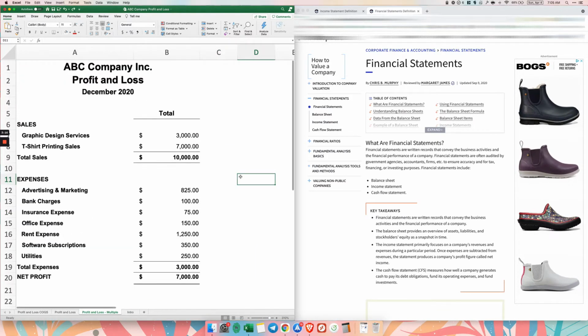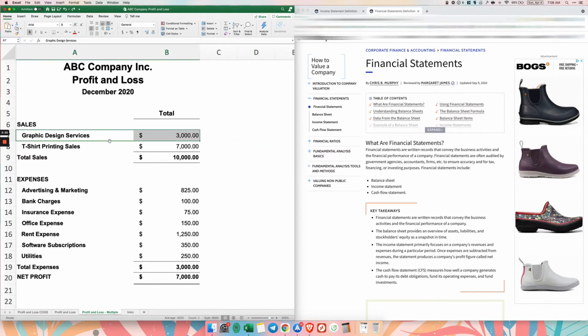This is another basic income statement, but this time it has two different streams of income. Let's say you started a graphic design business and then you started selling t-shirts with the designs that you made. Which one is more profitable, designing or selling the t-shirts? It's obviously selling t-shirts, right? So this is underperforming compared to this.